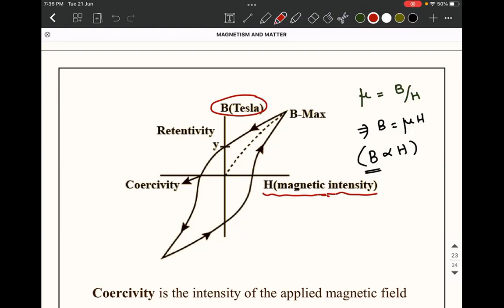Initially, let's say I am starting at 0, meaning the magnetic substance is not exposed to the magnetic field at all. As you keep increasing the value of H, the magnetic field getting induced will also increase, but it will not increase linearly. Rather, it will go in a curved path like this.